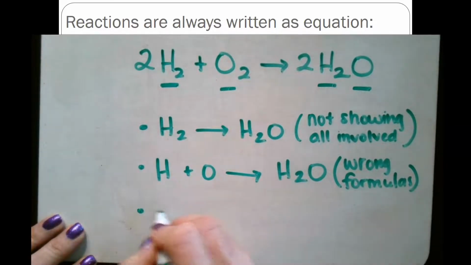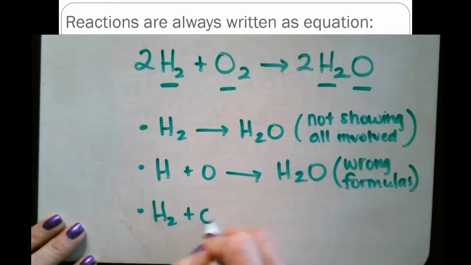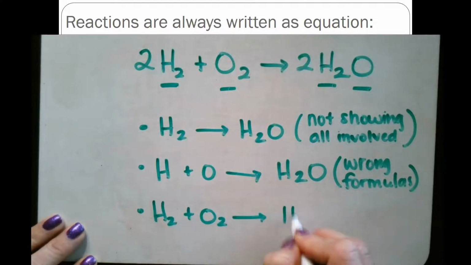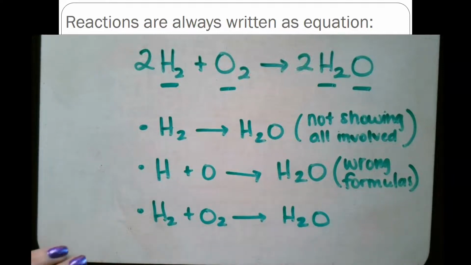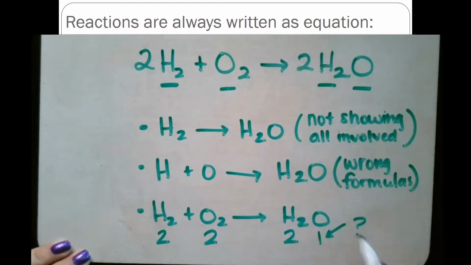So if I only had H2 plus O2 yields H2O, this would be unbalanced because what I'm essentially saying is I have two H's and two O's, and then I have two H's and just one O. Where did that O go? I can't just say it disappeared. I have to be able to account for it.